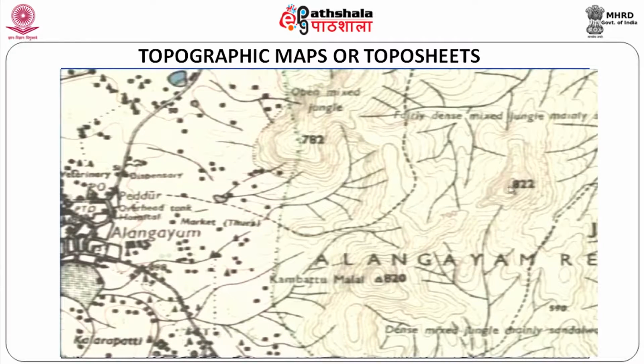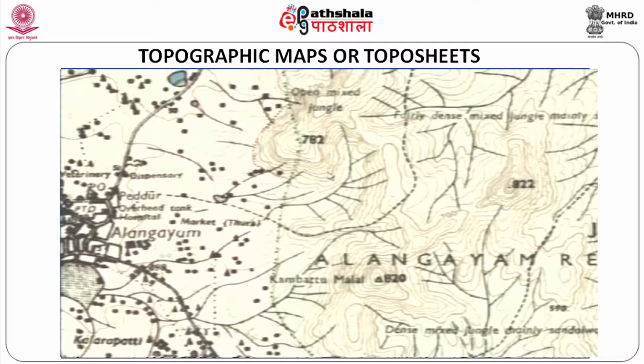the peak points of that particular area, 822, 782 and 820, are indicating the spot height, the highest point in that terrain. The thicker lines indicate values of 100. Between two thick lines you will have 5 thin lines, each at a 20 meter interval.